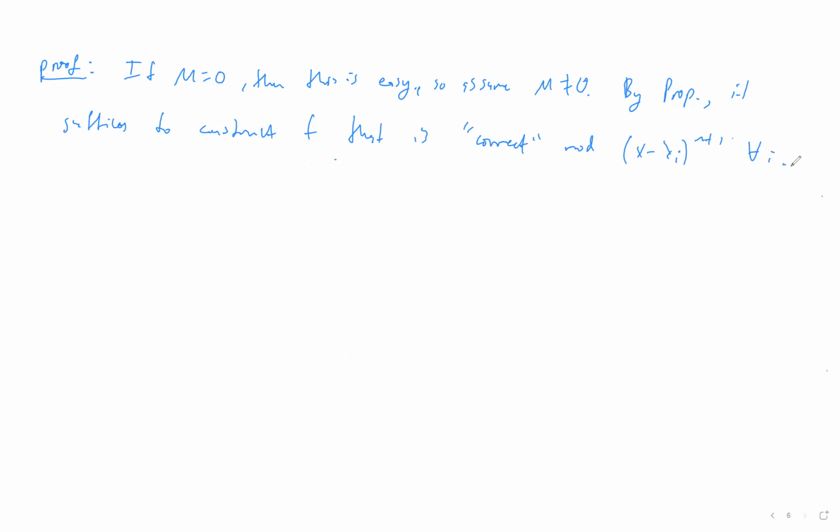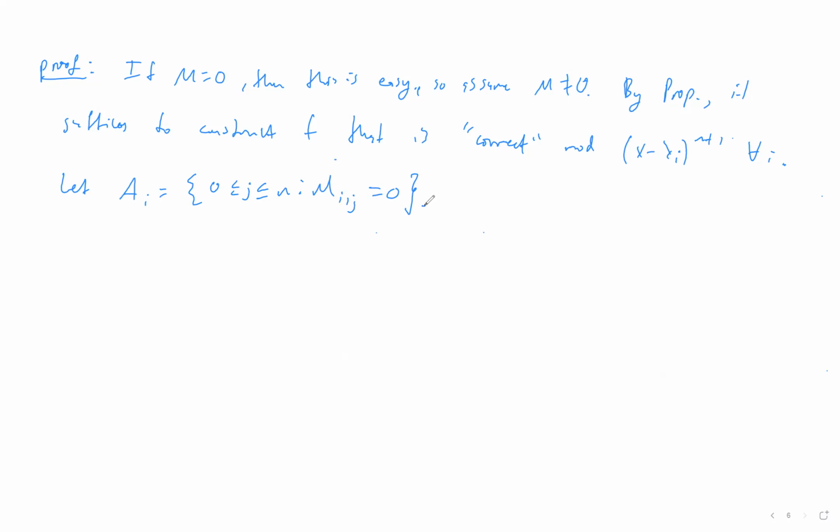Okay, so now we're just going to do this. You just write it down and it works. So let's let A_i be the set of j's such that M_ij is equal to 0. So these are the guys where we're going to want f to have a non-zero coefficient.